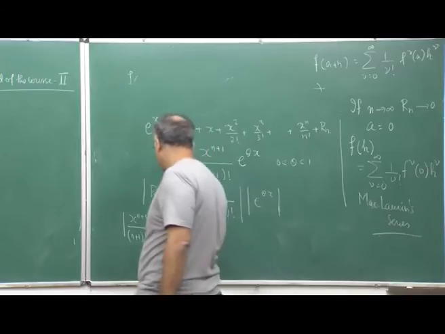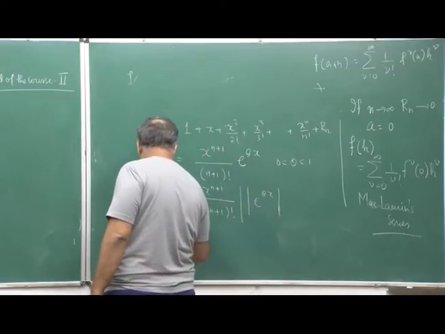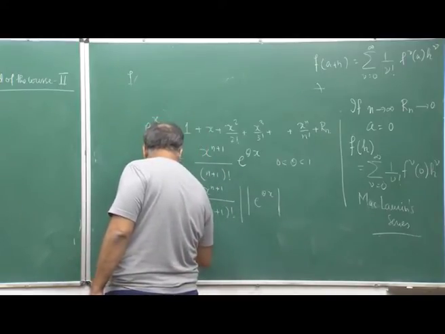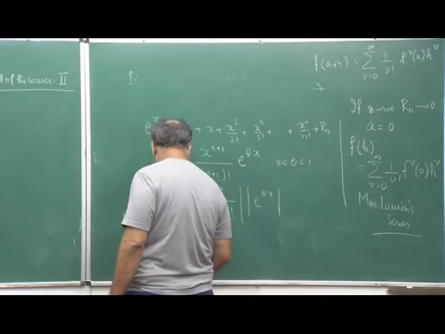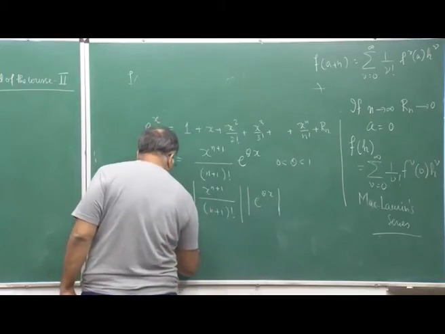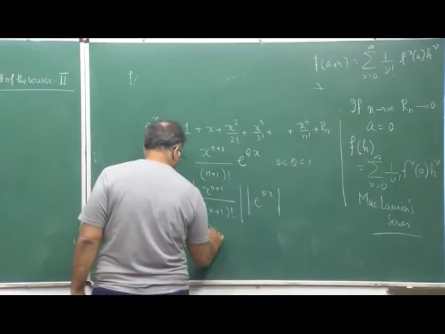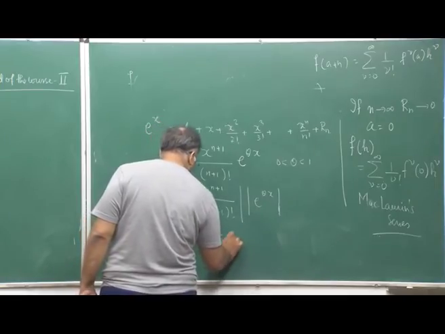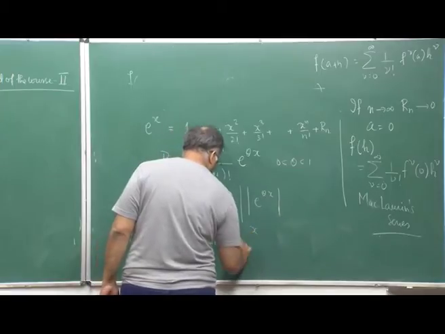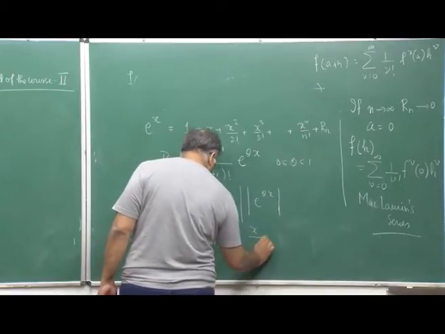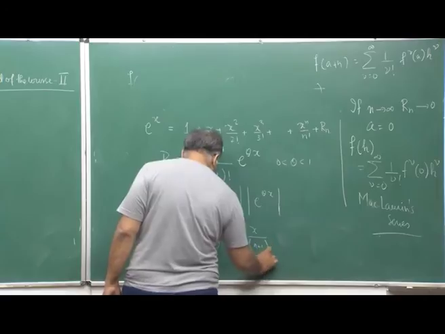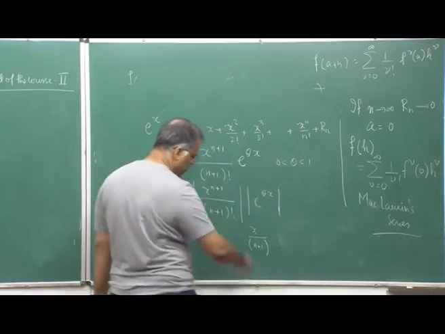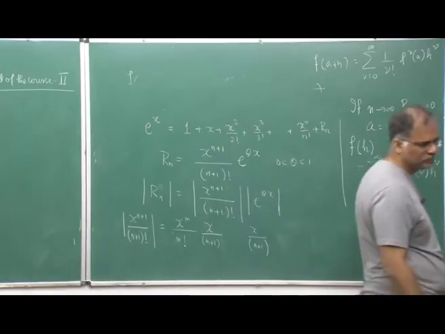I can write this as x^m by m factorial, times x by m plus 1, and so on up to x by n plus 1. You write that with powers and then you separate them.